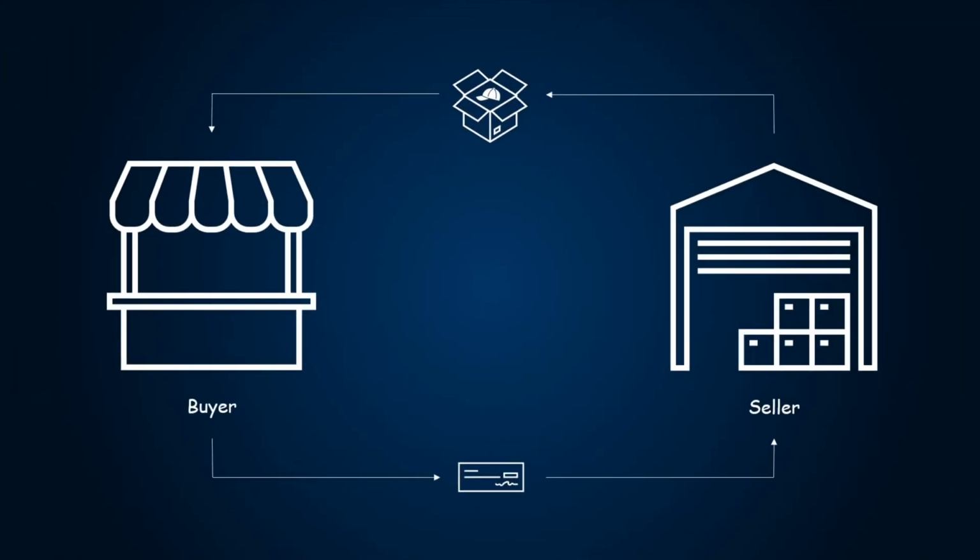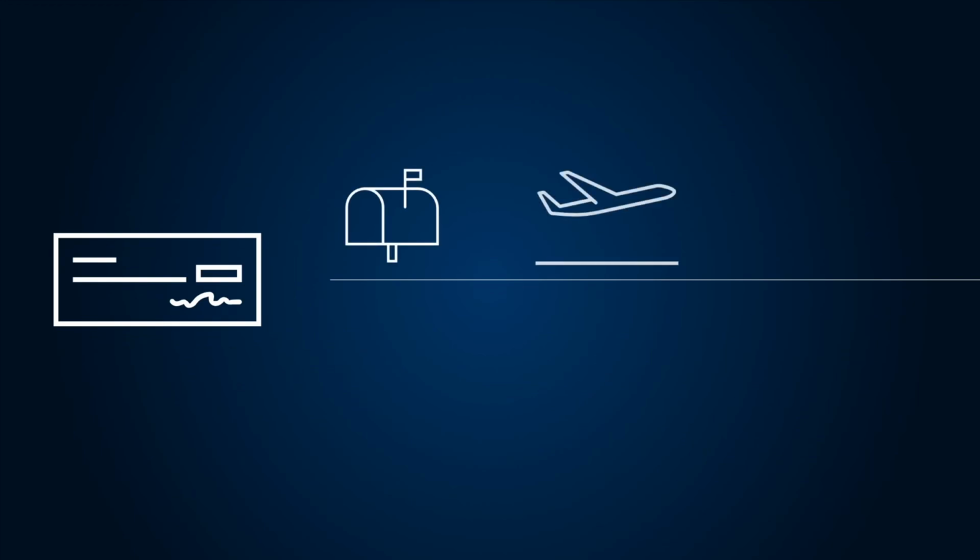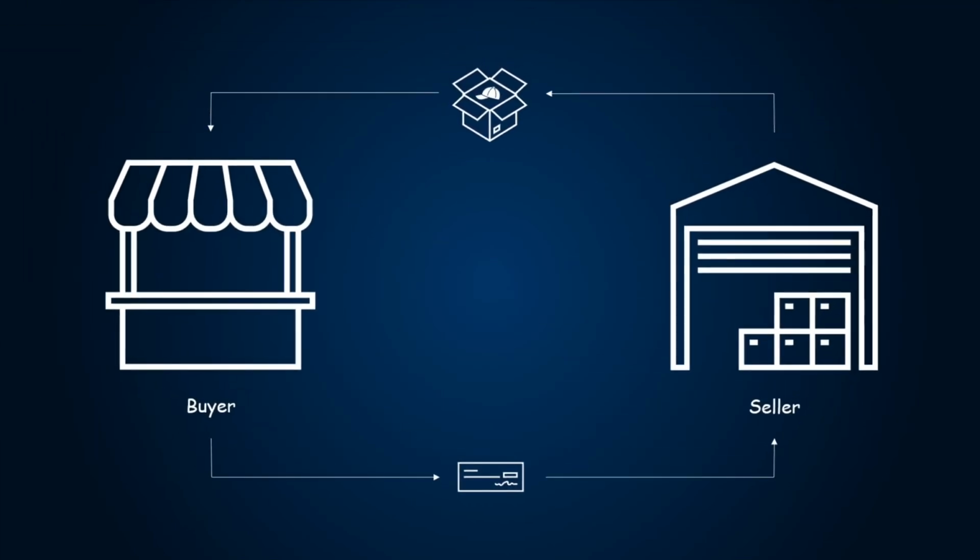So that check has to go on its own journey to get to the seller. Maybe it starts off at a post office or a mailbox, then it has to get into an airplane, and eventually it's received and opened. But even then, we're still not done. There are things that need to occur on the seller's end. The seller has their own accounting system, and they'll record the receipt of this cash in that system.